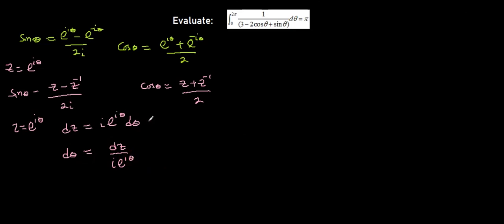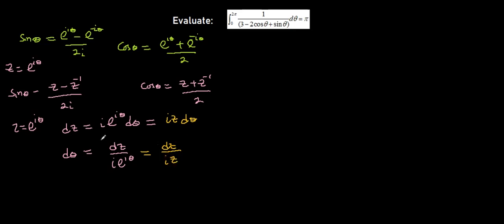But from here you can also note that this is equal to iz, because remember z is equal to exponential i theta, then i exponential i theta means you have iz. So d theta becomes dz divided by iz.